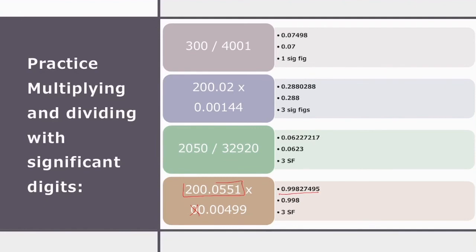I've got a bunch of sig figs in here, 4, 5, 6, 7 sig figs there, and then only 3 here. So my answer can only have 3. And so I'm going to start with my first non-zero digit in my calculator answer. So I got 1, 2, 3. And since that next number is a 2, it's not going to round up, and I end up with 0.998, and that has 3 significant digits.